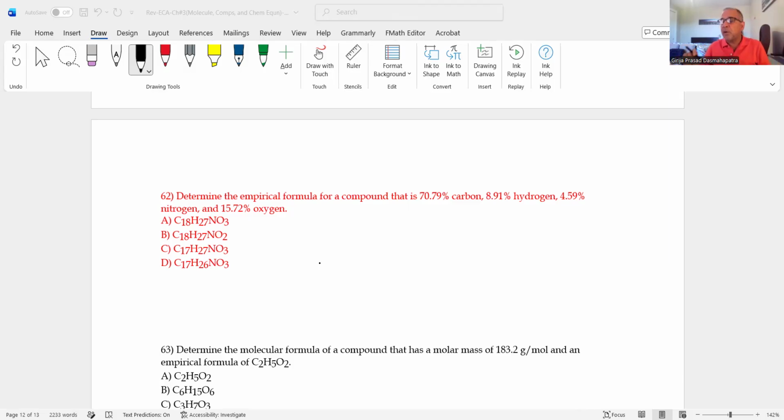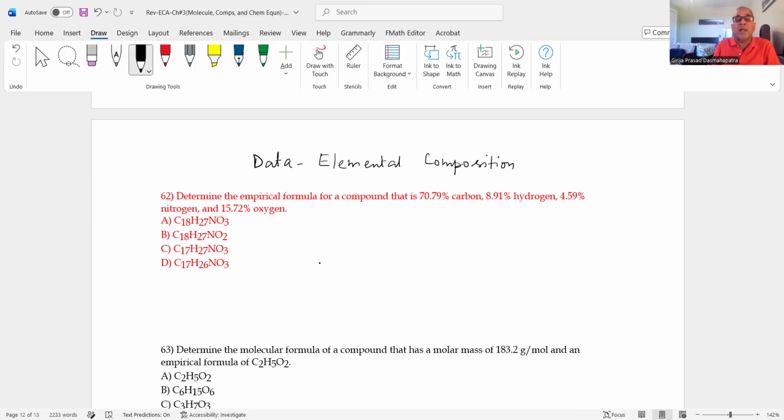So in order to find out the empirical formula of the compound, you need what is called the elemental composition of the element. We have already discussed in a previous slide the composition of an element in terms of percentage.